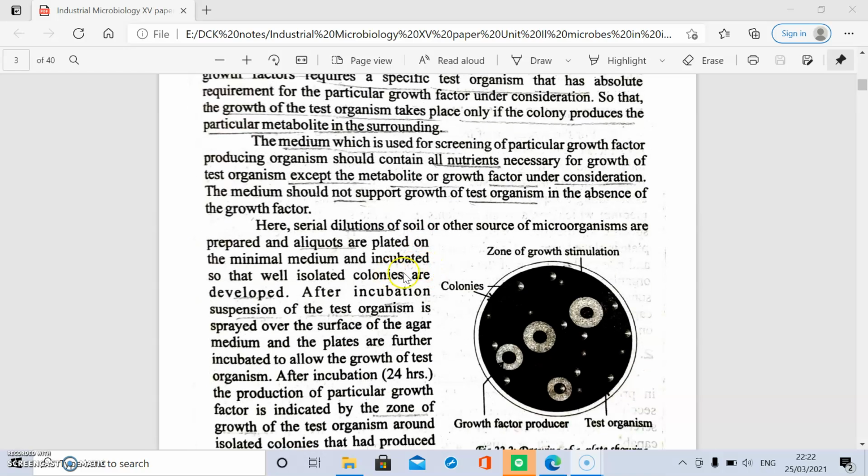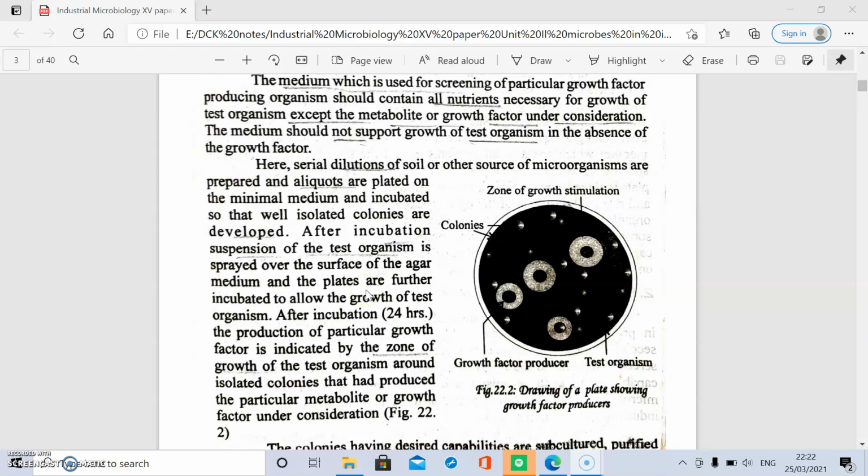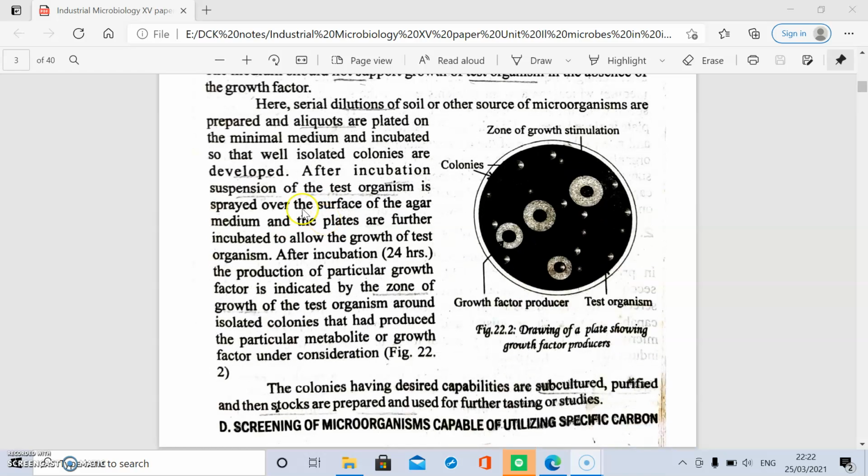Serial dilutions are prepared, and the aliquots are plated on the minimal medium and incubated until the colonies develop.